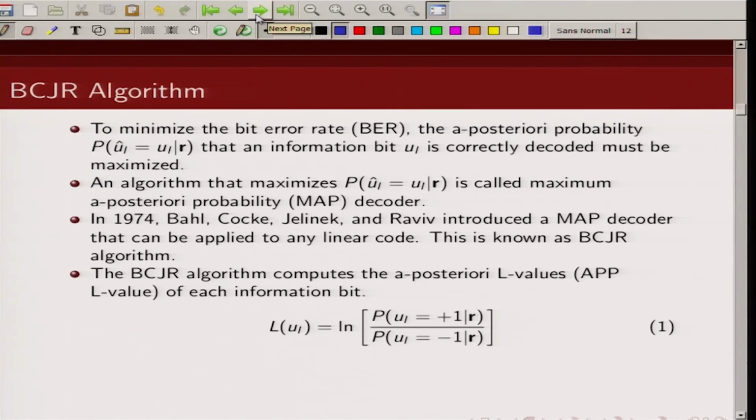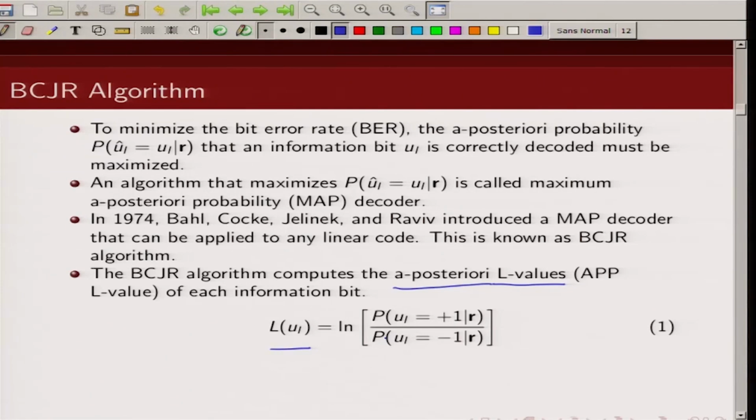So, what this algorithm does is compute the a posteriori probability. I define an a posteriori log likelihood value, I call it the L value, like this. It computes the probability of U_L being plus 1 given the received sequence R, divided by the probability of U_L being minus 1 given the received sequence R. Take the log of that.